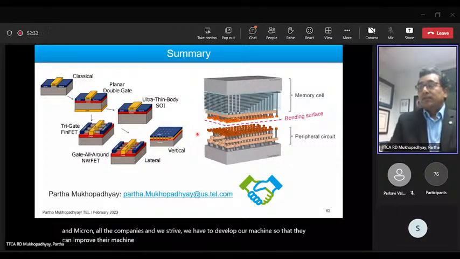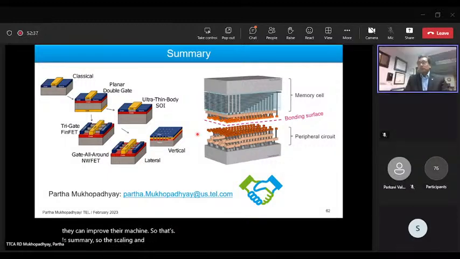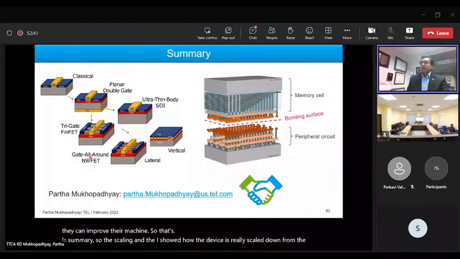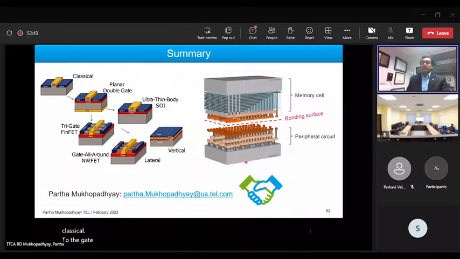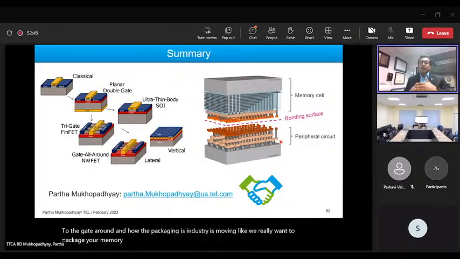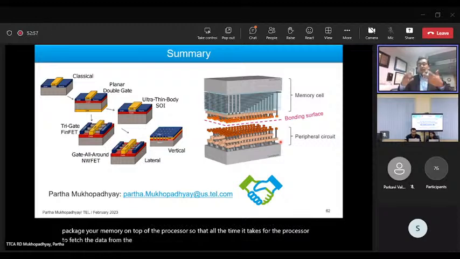So that's the summary. The scaling, and I showed how the device is really scaled down from the classical to the gate all around, and how the packaging industry is moving. We really want to package a memory on top of the processor, so that the time it takes for the processor to fetch the data from the memory, we are just reducing by bonding it.